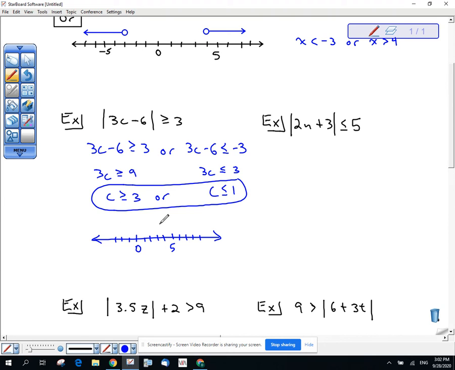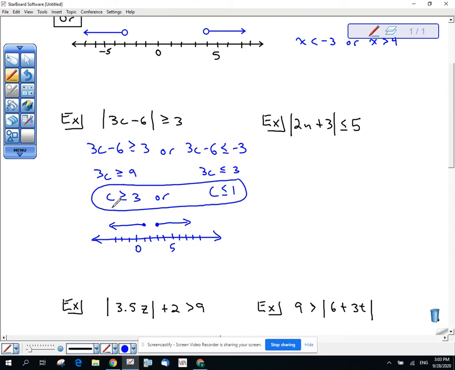Greater than or equal to 3 would be like this. Less than or equal to 1, like this. The OR situation. Again, it has the same quality as the number line that I did to help you conceptualize this. But obviously the points are in different locations because we weren't graphing the solution set from the start. We're graphing it now that we have the solution.